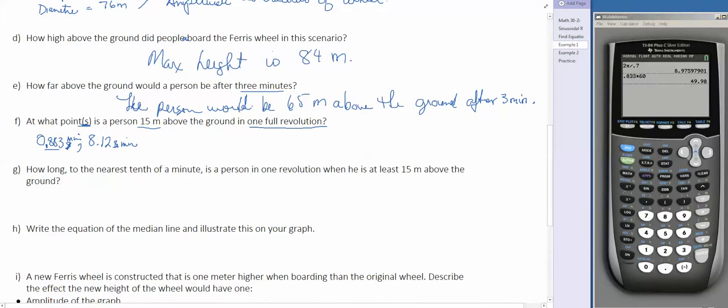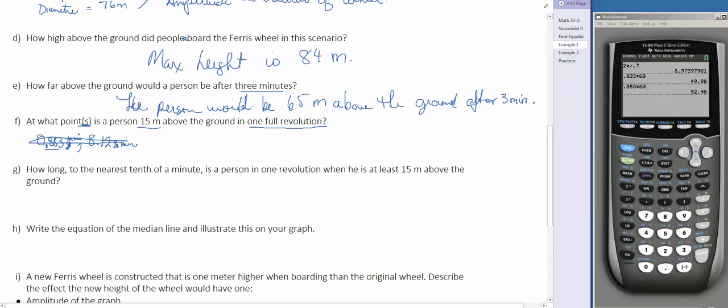Sorry, it's 0.88 times 60. I'm just trying to rush here, and I apologize. So that's 53 seconds approximately. So let's take this decimal out.